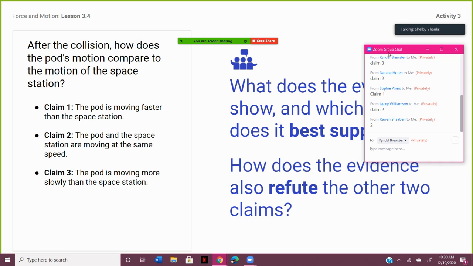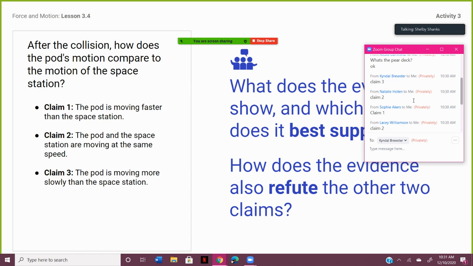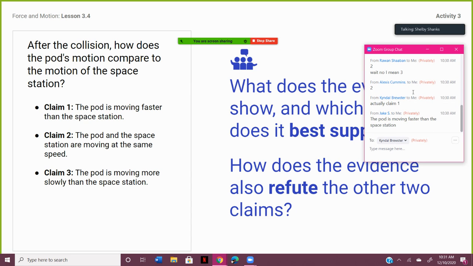Got two more. This is interesting. Okay, good, Kendall. So I've got people all over the board. I've got people saying claim 1, some people saying claim 2, and some saying claim 3.